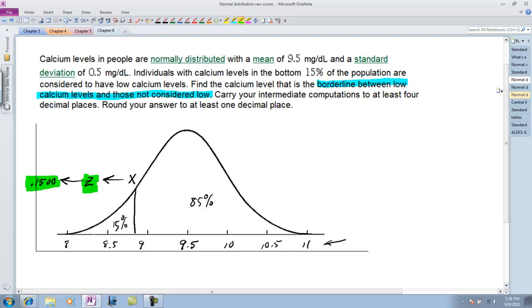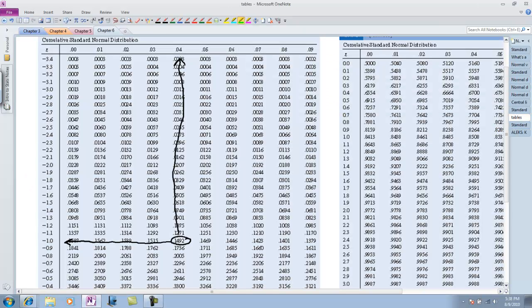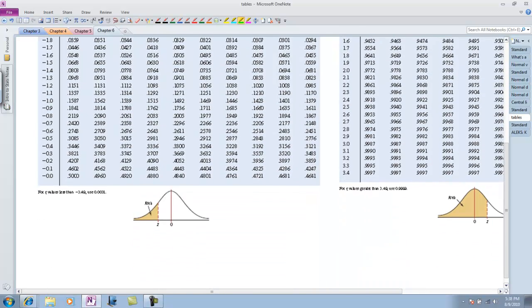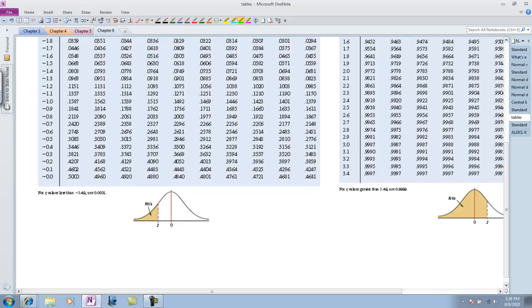So let's do that. I'm going to go to my tables, and you can see I actually already marked it off here, but let me erase these other marks. Okay, I know I'm on the left table here because we're to the left of the mean. I'm not over here to the right of the mean.